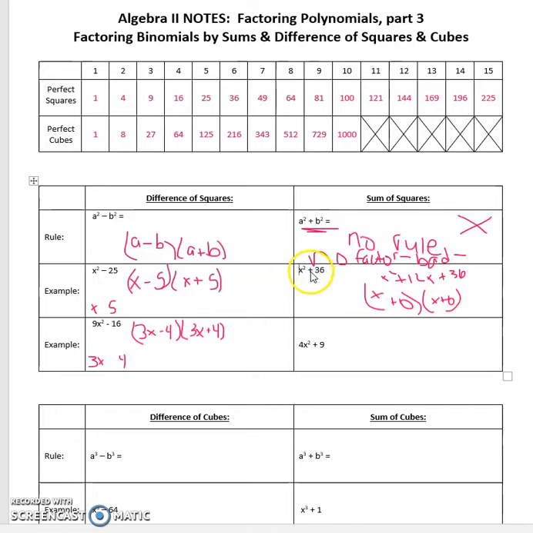You see the middle term here? No, you don't. So it doesn't work, and you can write prime. Same thing with the other one. We have no middle term. It's not going to work. You can just write prime. Call it a day.